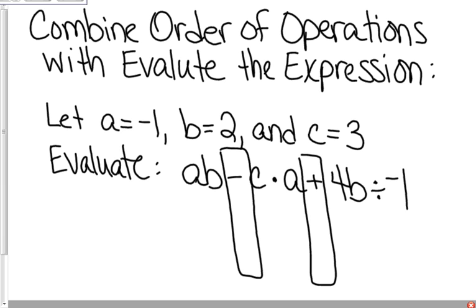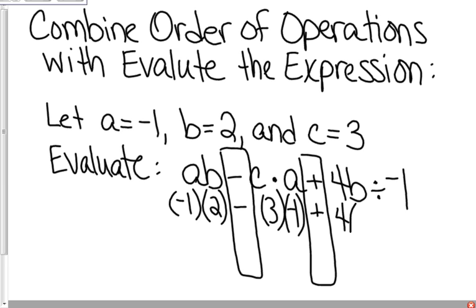Now we're going to replace our variables with numbers. A is -1, B is 2. We're going to subtract C, which is 3, times A, which is -1. Bring down my plus sign. 4 times B, which is 2, divided by -1.